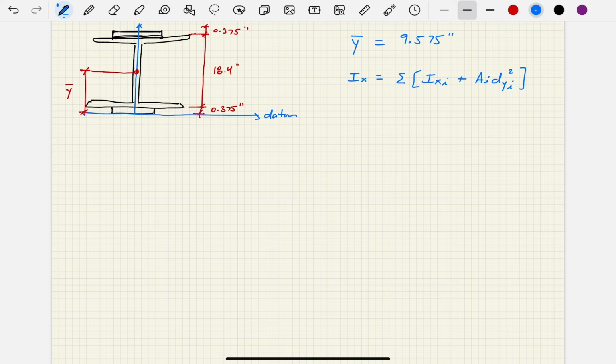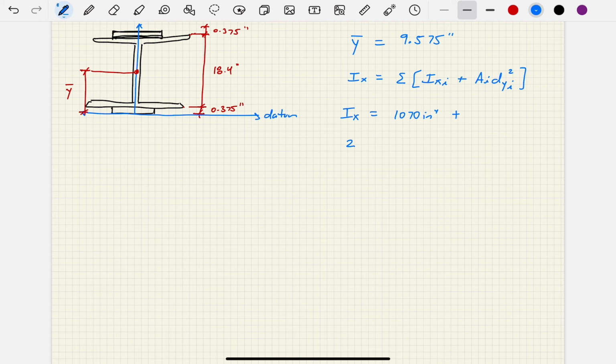So let's go ahead and calculate I sub x for this entire built-up section. So this is going to include the I shape here and both of these cover plates, all right? So for the I shape or the W shape, we have 1,070 inches to the fourth, okay? Now for the two cover plates, we're going to say plus, and then I'm going to wrap this equation around here.